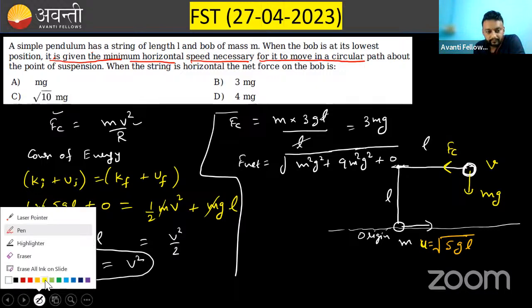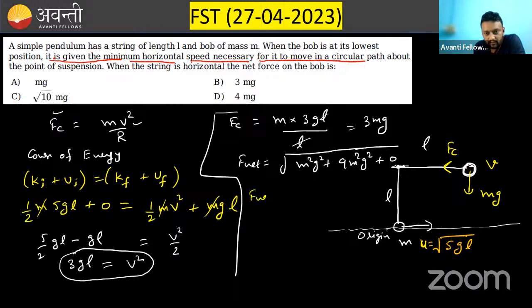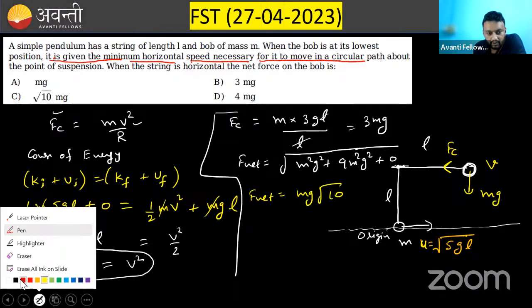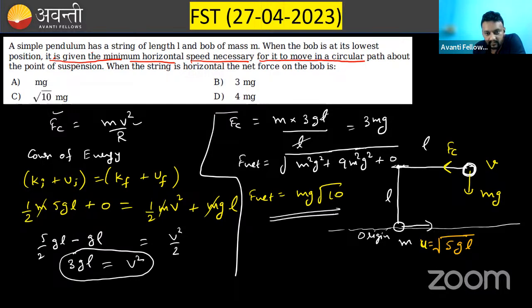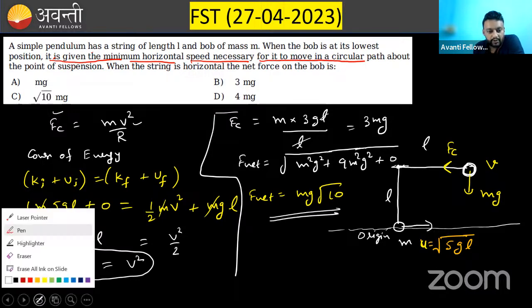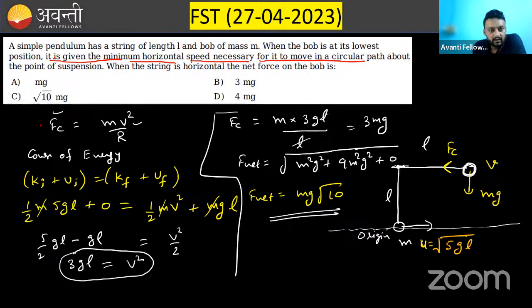So F net is equal to mg, taken common, under root 1 plus 9, that is root 10. So this is going to be our answer, mg root 10, which is option C.